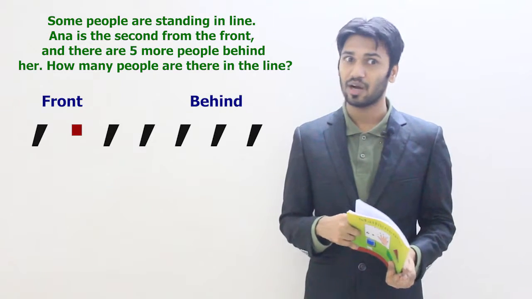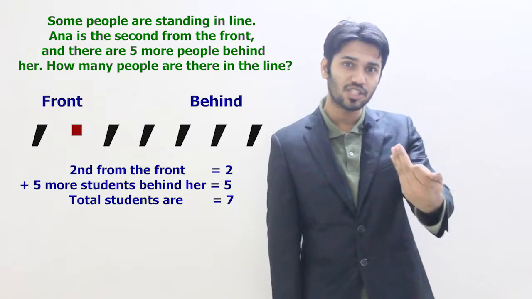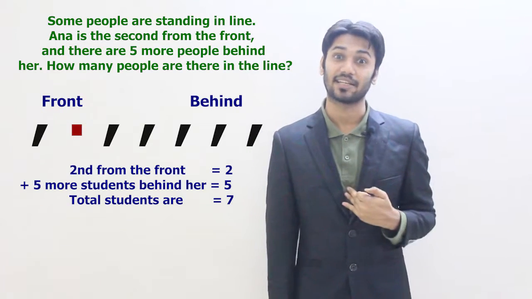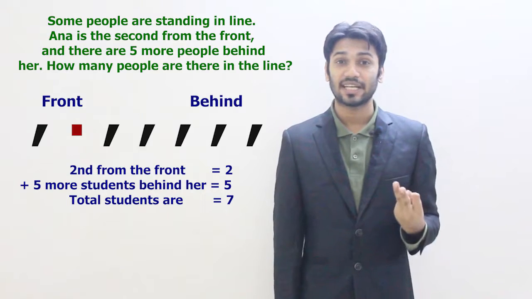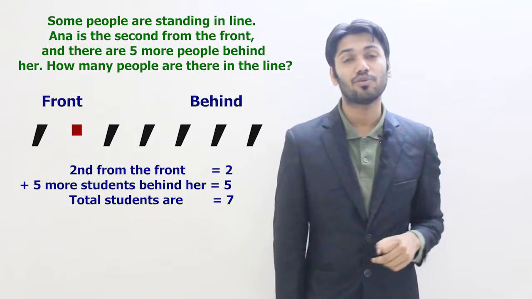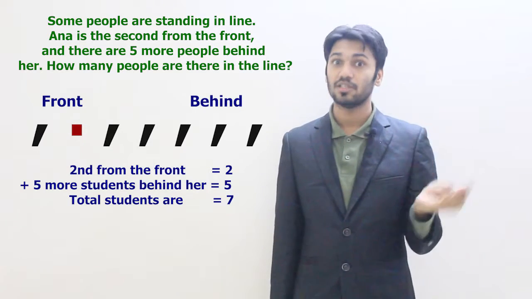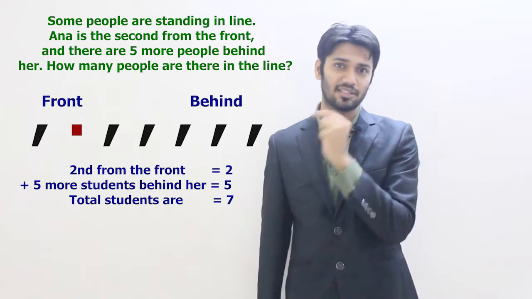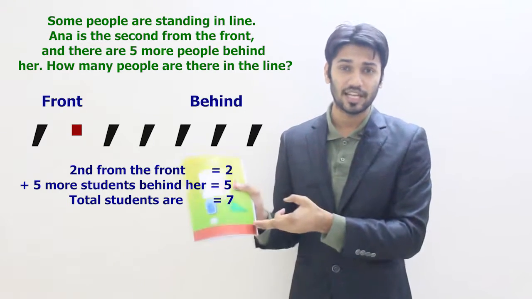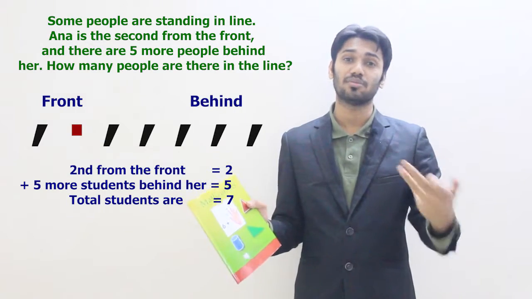But look how we can solve it. In which position is Anna standing? Second position, right? Second. Now second in the ordinal number equals to counting number of what? 2, right? 2 equals second. Remember the first page of this chapter is saying 2 counting number equals second.